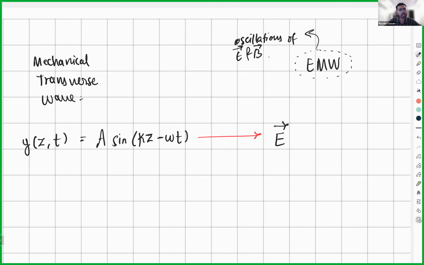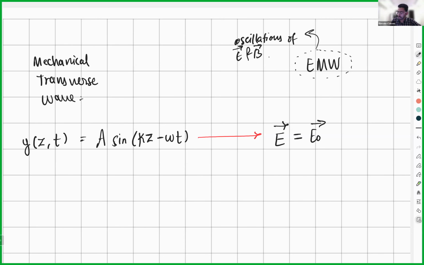So it is made up of oscillating electric and magnetic fields propagating in a medium. All right. So this displacement now changes to electric field. So this can be written as E naught vector sine of kz minus omega t. Okay. So this is how I change for an electromagnetic wave.